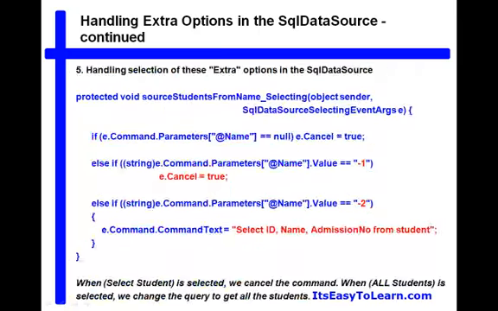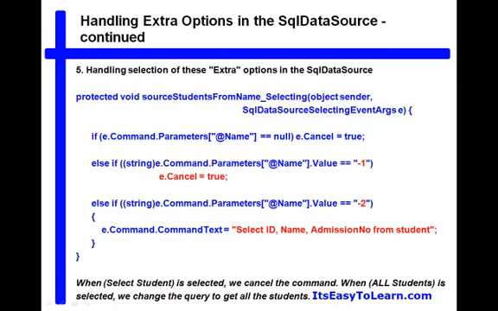Now we need to have an event handler for when the student source from names is selected. What we do is we look at the command parameter. If the command parameter name is null, we do nothing. If the command parameter name is select student, the selected value will be -1. Again, we do nothing. We cancel the current operation.